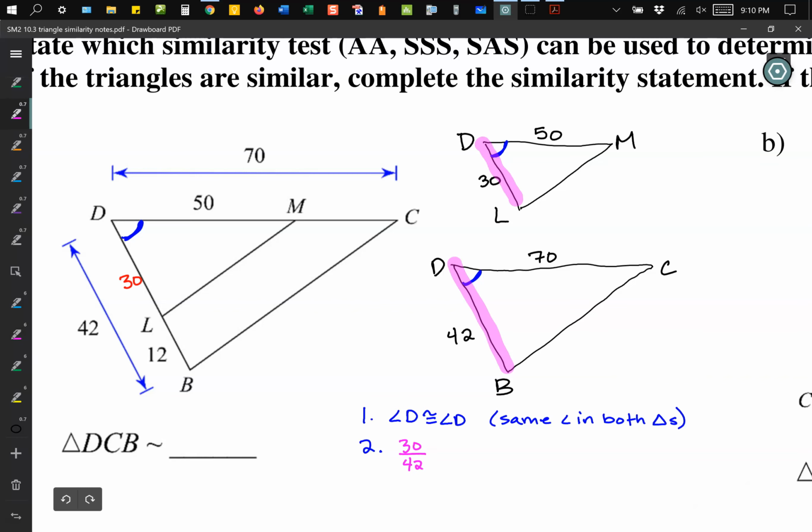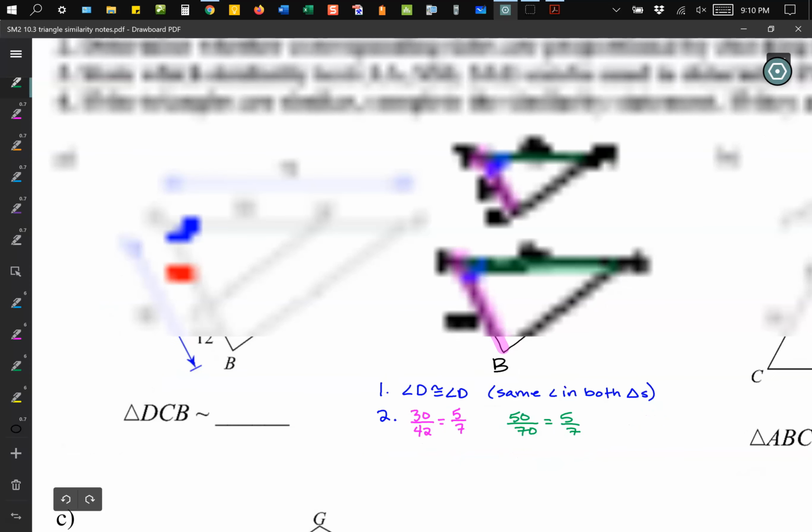Those can both be divided by 6. That gives me 5/7. And longer side over longer side. 50 divided by 70. That gives me 5/7.